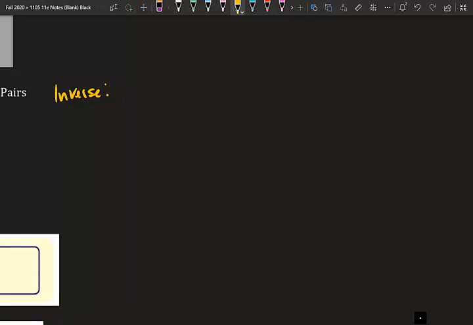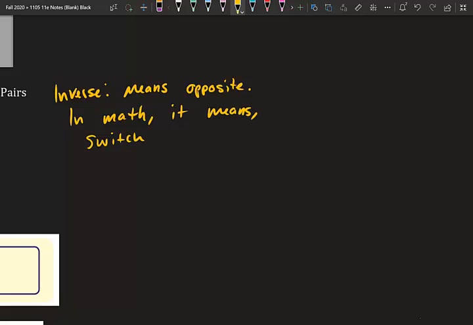When you think of what's the inverse of something, you're thinking of the opposite. So it means opposite. In math, it means switch x and y.